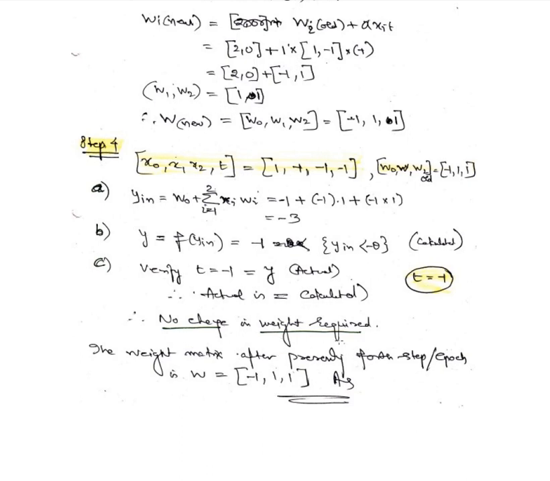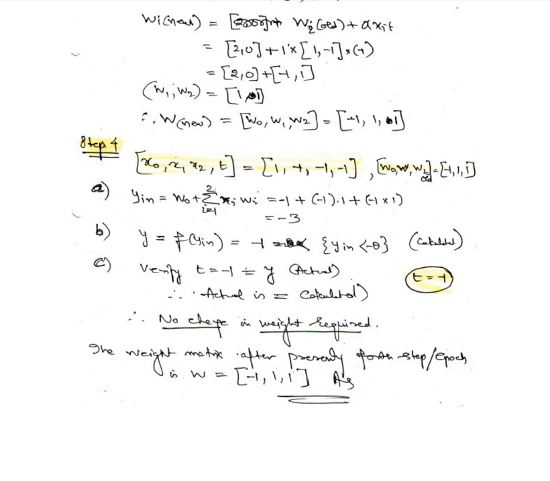So here the training process stops, and the decision of the AND gate has been taken properly. We find that under the case 1, 1 the output will be 1, and in the other three cases it will be -1.